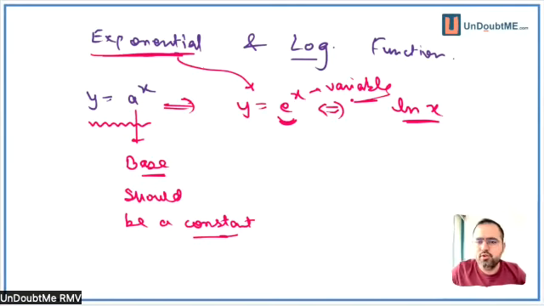Okay, now before getting into log, we will first understand graph of e to the power x or a to the power x. There is one more very important concept which you have to understand, that whenever we are writing a to the power x, a is a general term which will comprise all the constants, everything. When I'm writing a to the power x, a is a certain number, whether fractional or decimal or anything, it doesn't matter, but it is a number.